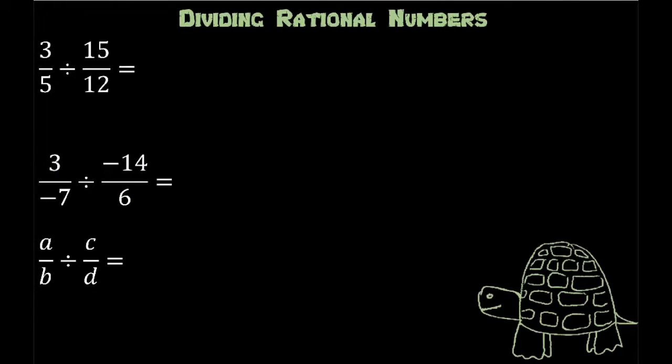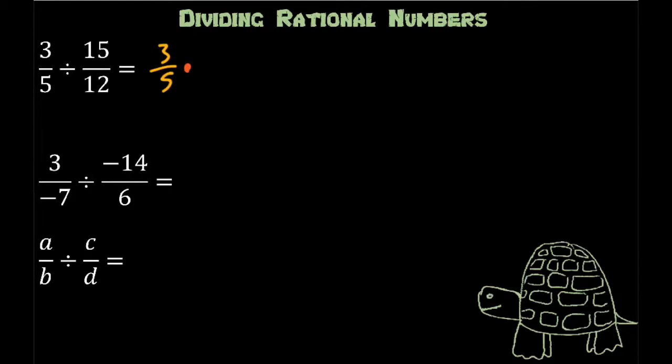You may remember that when we divide rational numbers, we don't have a way to divide fractions. So what we have to do is convert the division to multiplication. But when we do that, it's important to remember that as the division changes to multiplication, the second fraction, we have to write its reciprocal.